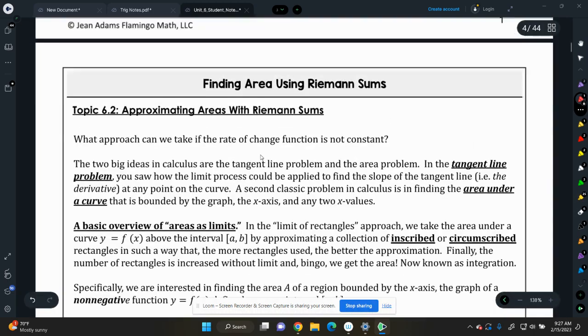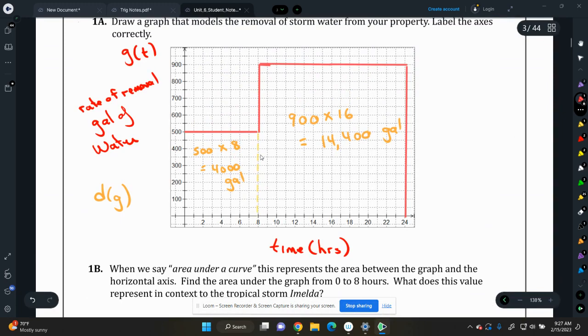One of the reasons it's helpful to look at it like this is that it makes sense. I'm putting the water in at so many gallons of water per hour. That's my rate. If I want to know how much is in there, I would take my rate of 500 times the 8 hours. Well, that's area. That's the area of this rectangle. If I wanted to know how much was in here, I would take the rate times the number of hours.